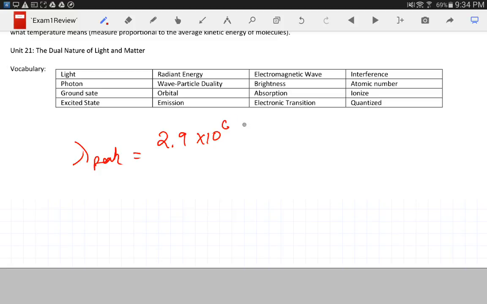Is it 6? The peak wavelength is, I think that's right, 2.9 times 10 to the 6 nanometers times Kelvin divided by temperature. What units do we use for temperature? Have to use kelvins here. So we have the different temperature scales. We've got to use kelvins when we're using this equation.